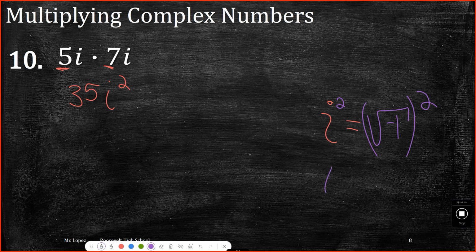So then i squared is going to equal negative 1, because the square root and the square cancel. What is i squared? Negative 1. You just have to remember that. And what's negative 1 times positive 35? Negative 35. Yes?